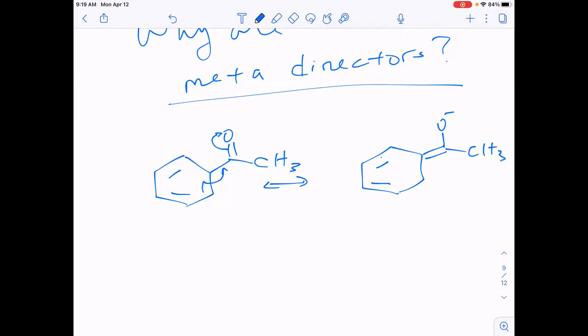Right? And then I broke that pi bond, so I have a plus charge on this carbon. What position is that plus charge in? Meta. Look again. Ortho. It's in the ortho position, right?